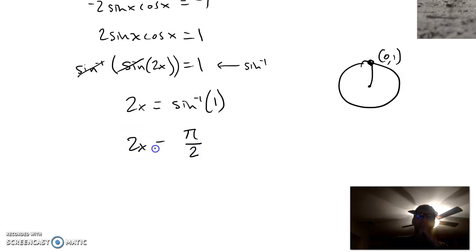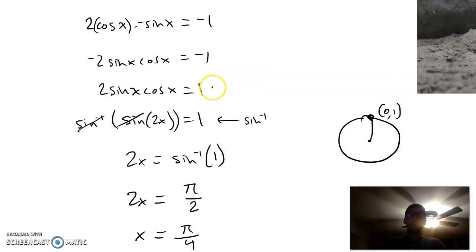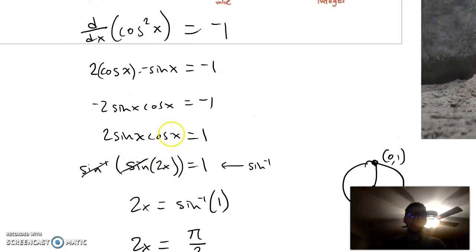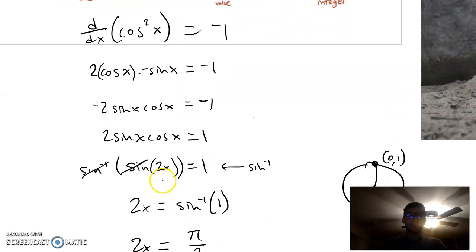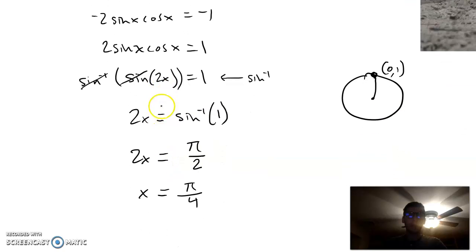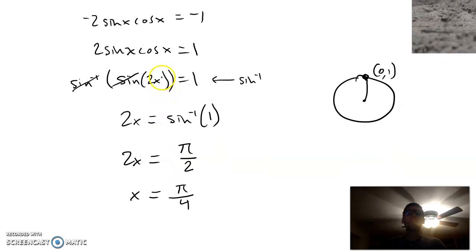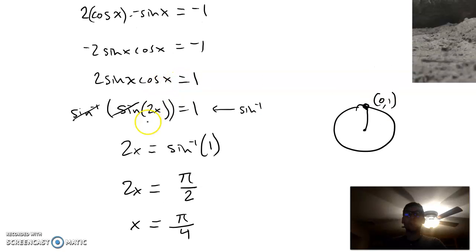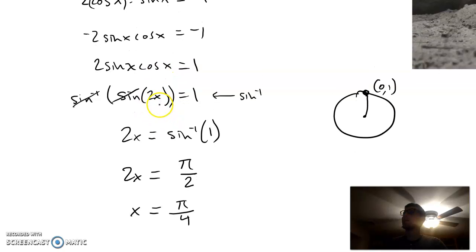So when I divide both sides by 2 or multiply both sides by 1/2, I get pi over 4. But because of this function's period, you can see the sine of 2x has a horizontal shrink by a factor of 1/2.